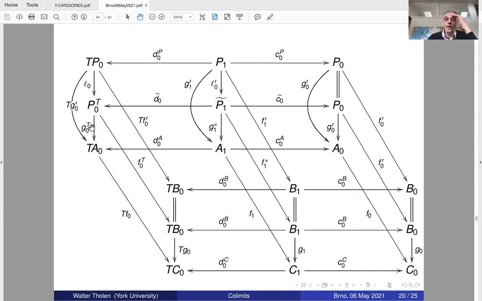So now you see that, as before, this lower square in the back here on the left is still a pullback by the same token as before. But you want that when you now take the pullback here, then you get a pullback over there.